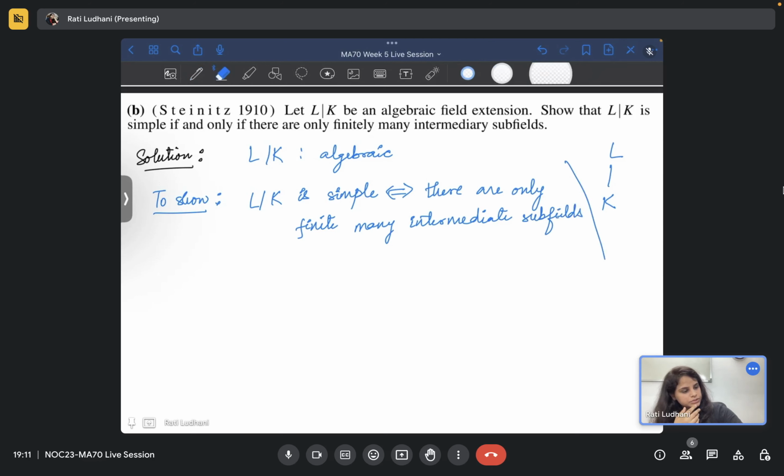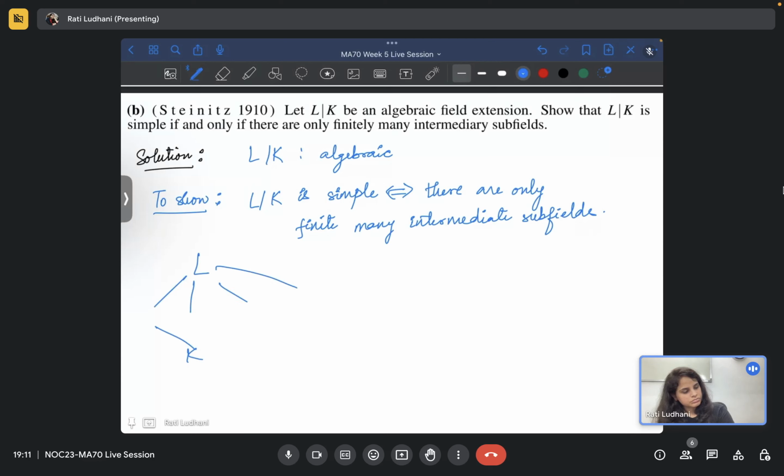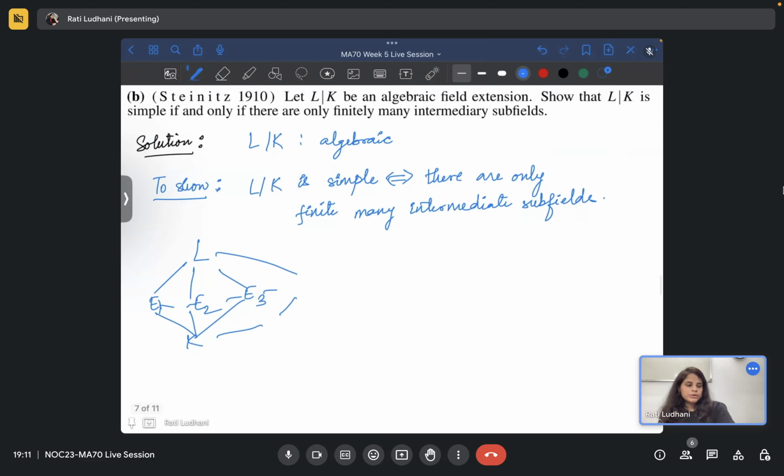So what does this mean? You have L, you have K, so there are many fields in between, maybe some chain, I don't know. So many subfields. Let's say E1, E2, E3, we don't know if we can enumerate them, it could be uncountable. So there are fields in between.